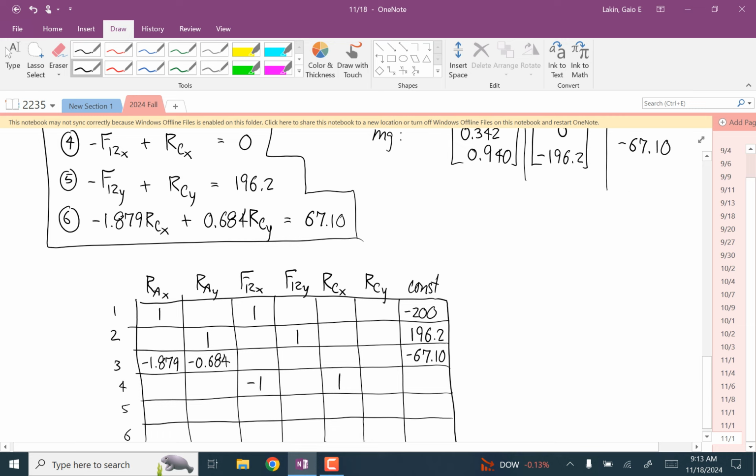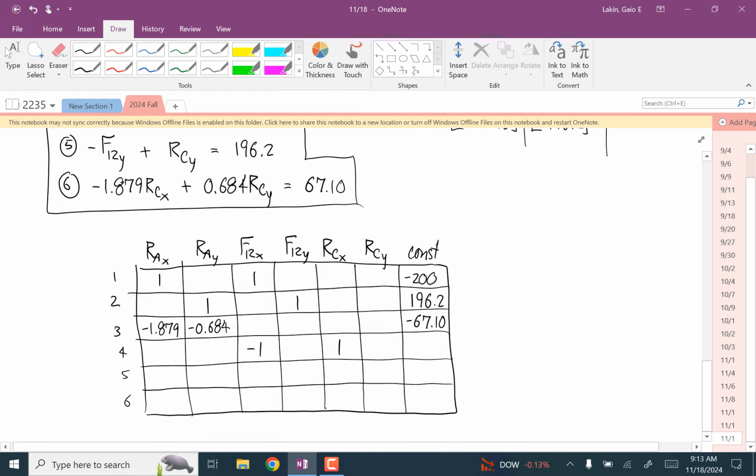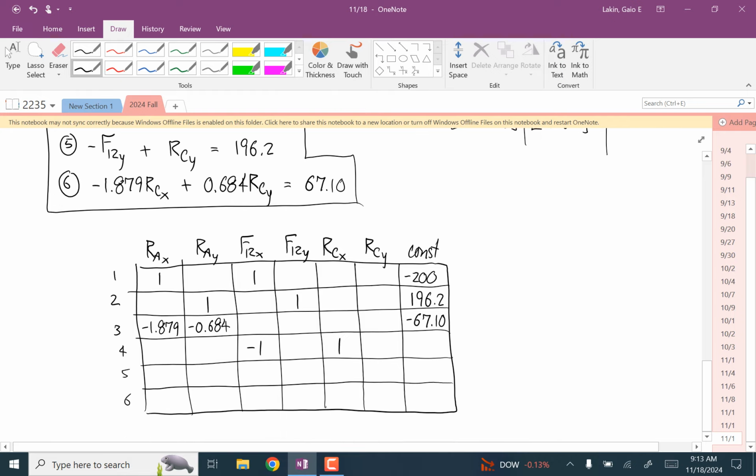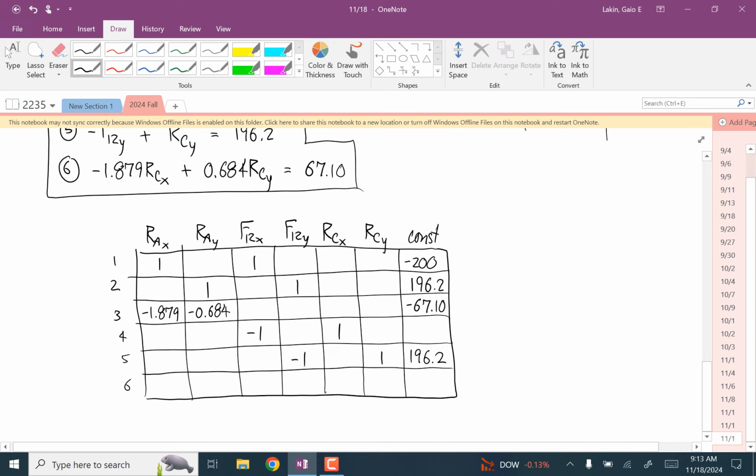RCX, we have 1. Equation 5, F12Y, we have negative 1. RCY, we have 1. Constant is 196.2. And then for 6, RCX, we have negative 1.879. RCY, we have positive 0.684. Constant, we have positive 67.10.